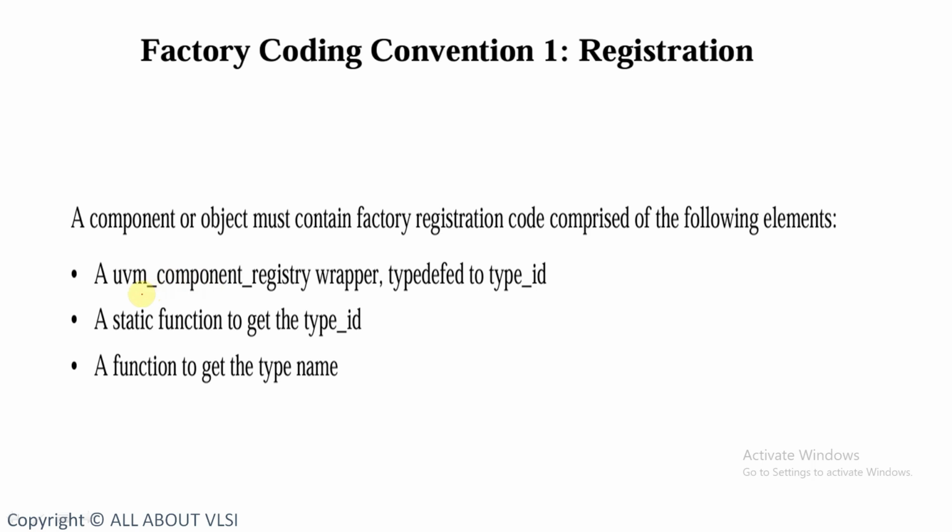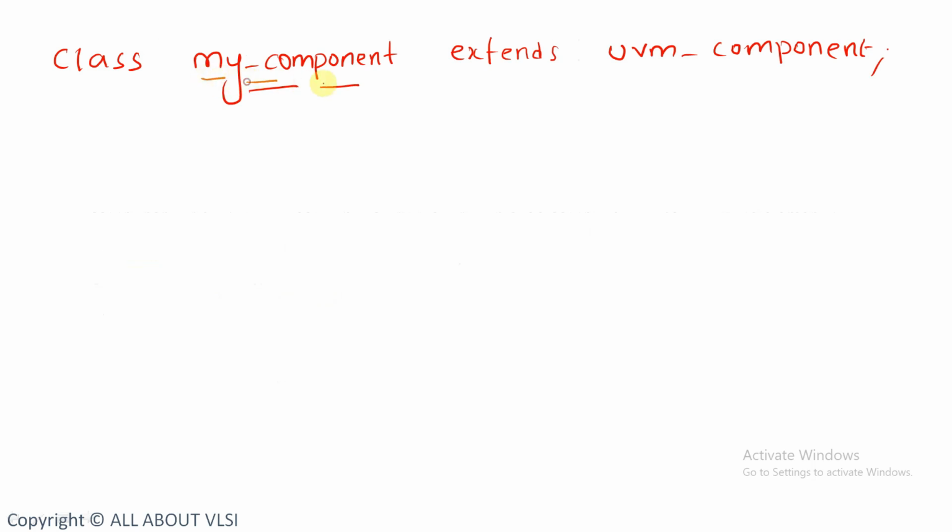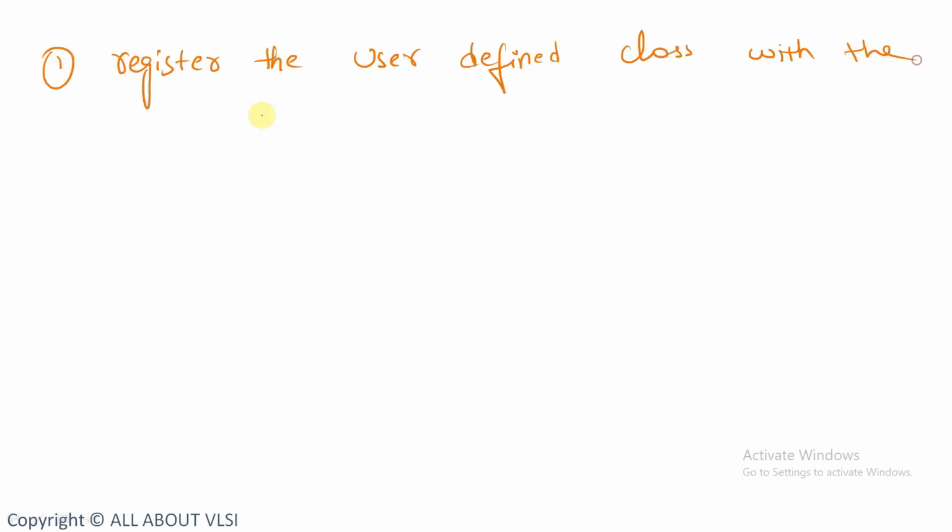In this case, we are going to use a class known as the uvm_component_registry class for registering our component, that is my_component. This is our user defined class, and we need to register it with our factory. For overriding to be performed, the first step you should do is register the user defined class with the factory. This is the mandatory thing we should do.